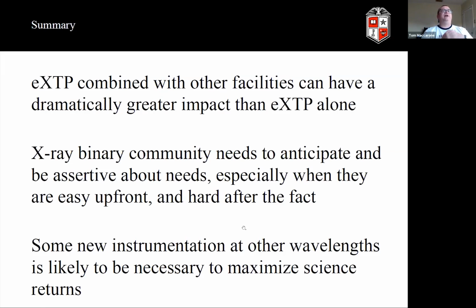And I think the X-ray binary community needs to anticipate and be assertive about some of these needs, especially for fast timing and good timing calibration capabilities in the optical band, especially because a lot of these things are easy to do if you ask for them in advance and very hard to retro engineer. And there may be some new instrumentation at other wavelengths that's necessary to maximize the science returns.